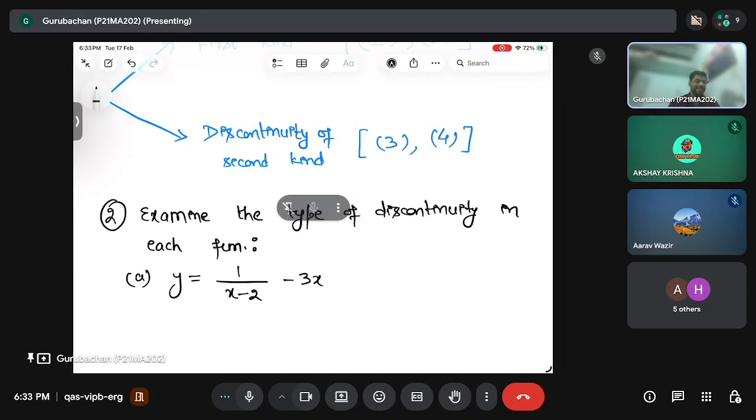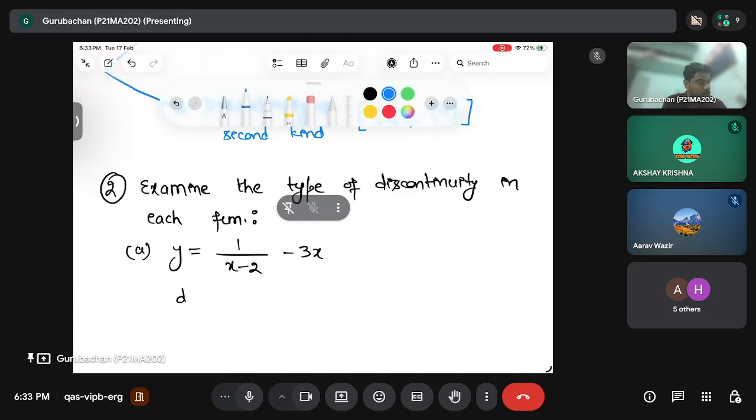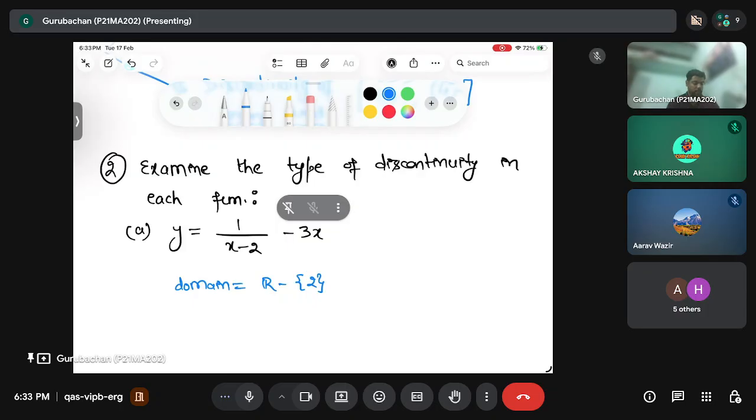First of all, tell me the domain of this function. All reals except plus 2. Okay. So is it continuous at every point?